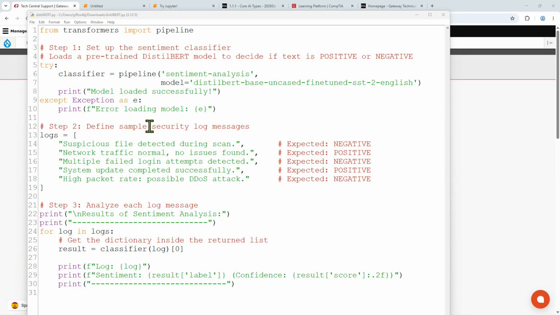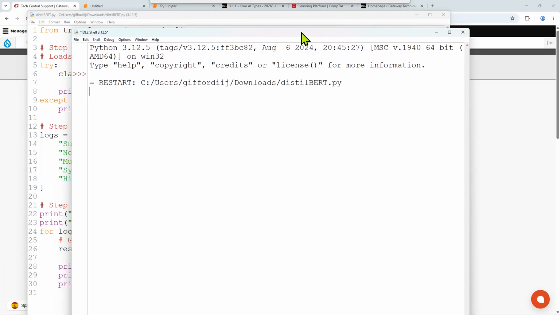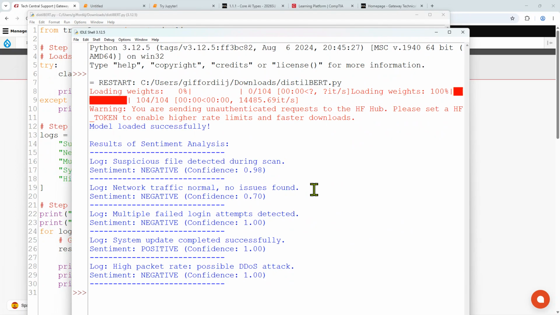So I'm going to go ahead and run this particular script, and it gives my output here to this window. It's loading up that model, and here we go. Here are our results. Suspicious file detected during scan came back as negative with a very high confidence of 0.98. So 98% certain that that's negative. I'd agree with that. Network traffic normal, no issues found.